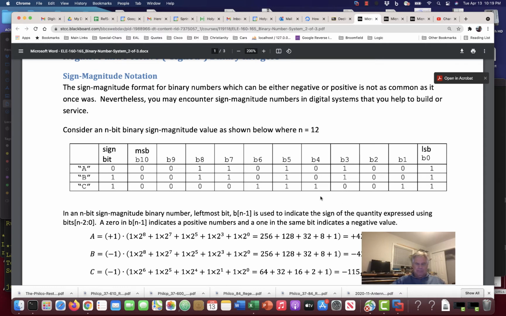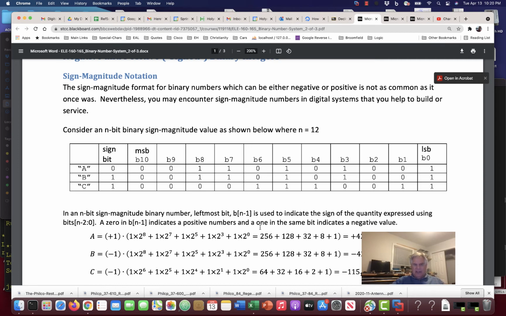And that's all well and good, although I'm sad to say, this notation is not very popular anymore. But if you ever run into something called sign magnitude notation, you'll know it's just a binary integer with a sign bit, and the 1 makes it negative.